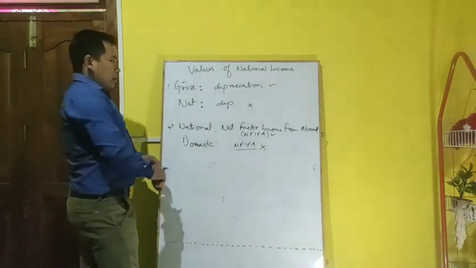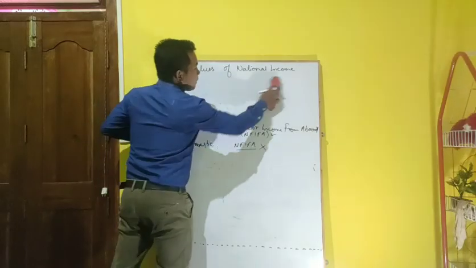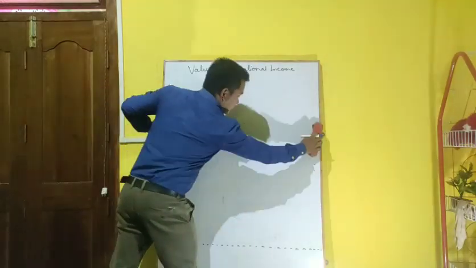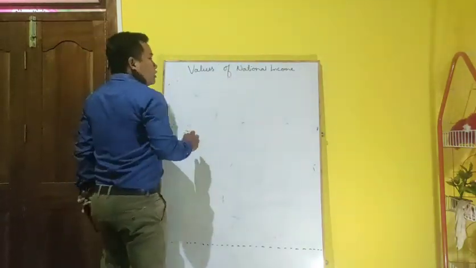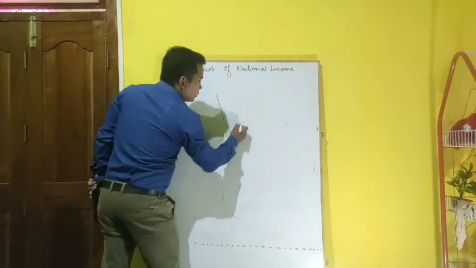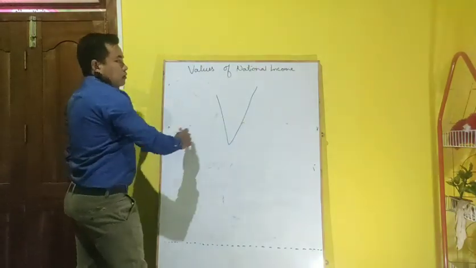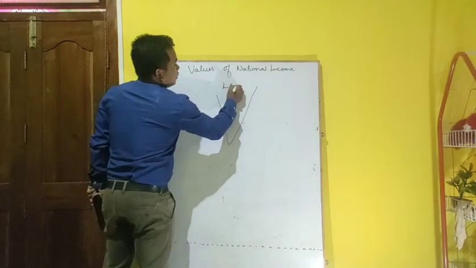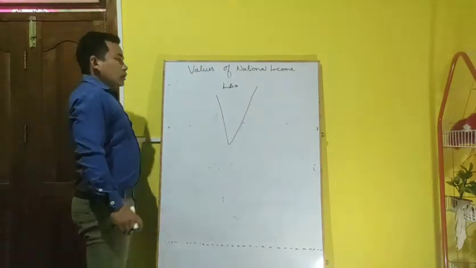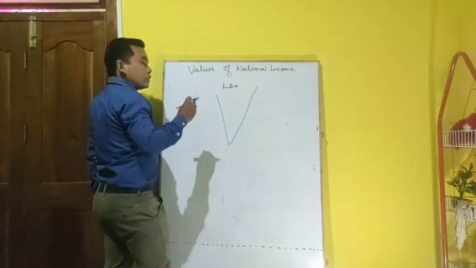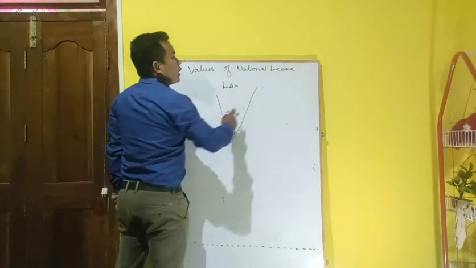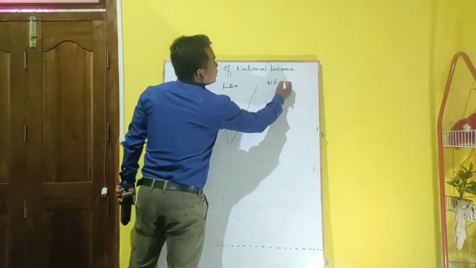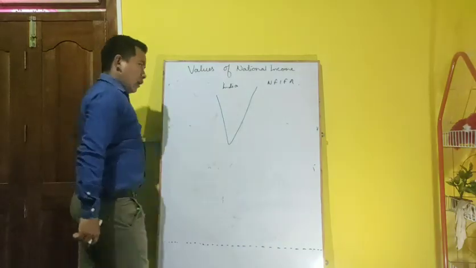Now, let me give you one example. So, I need to write this one. Let's say that this represents India. Actually, when we talk about the calculation of national value of national income, we include net factor income from abroad, NFIFA.